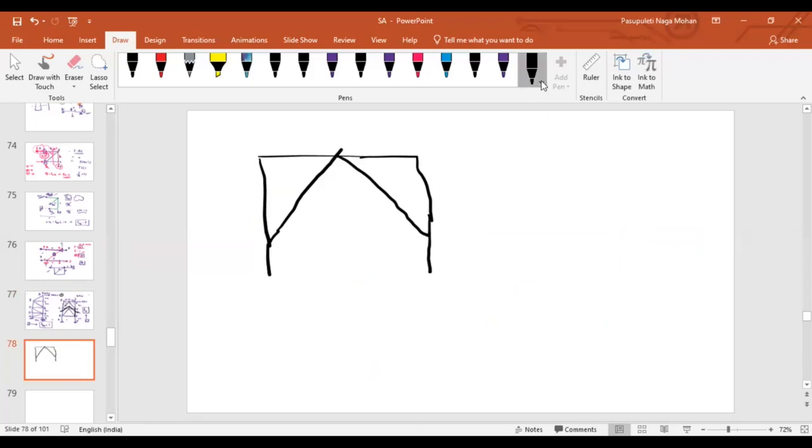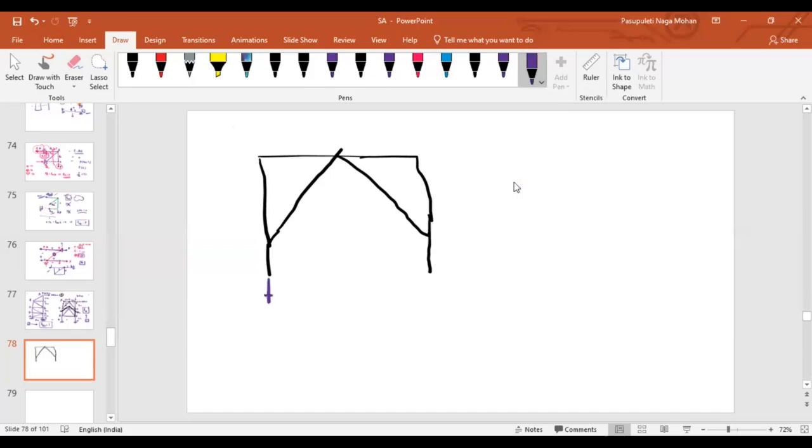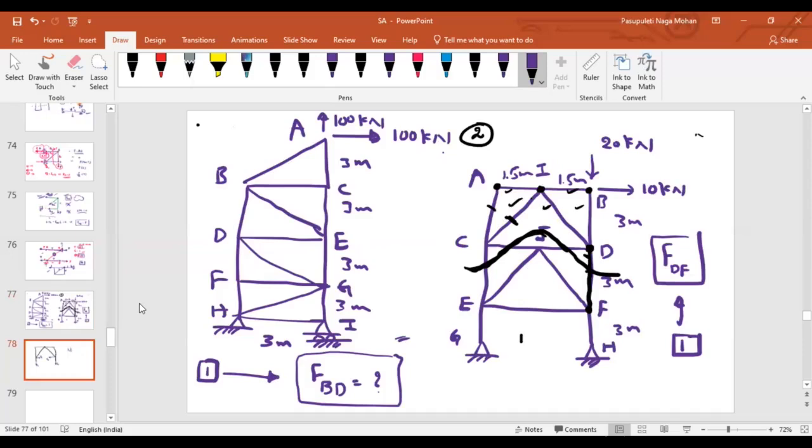Let me represent the forces there, randomly. Let us represent this as F1, and as this member is separating here, this is what I'm representing as F2. Similarly, initially I'm assuming all of them are tensile forces. Similarly, this is F4. What are we interested in? Our interest is only in F4, isn't it? And of course, external loads are also there, 20 and 10.